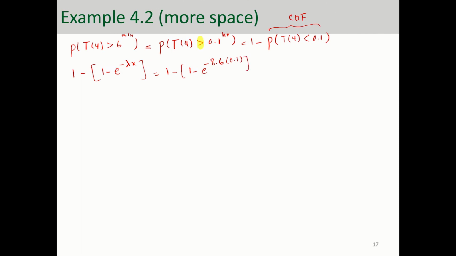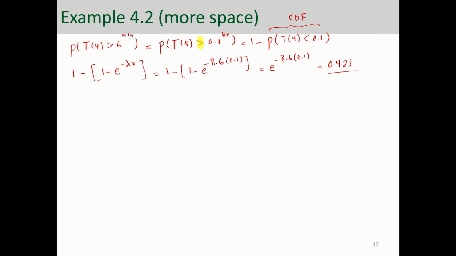So that is just e to the negative 8.6 times 0.1. If you do the math, you should be getting 0.423, about 42% chance that the fourth customer arrives more than 6 minutes after the third customer.